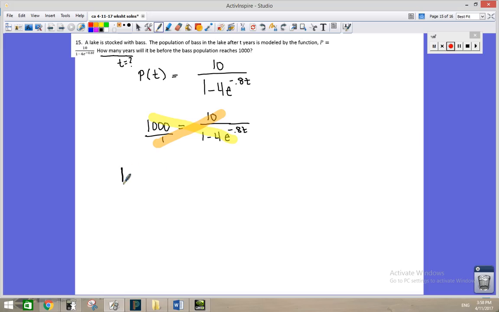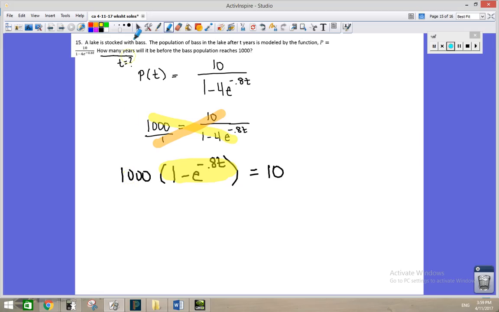So we have 1,000 times this binomial. And on the right-hand side, 1 times 10, hey, that's 10.